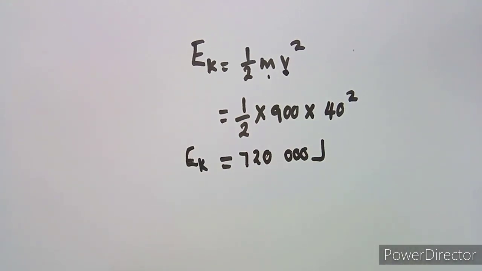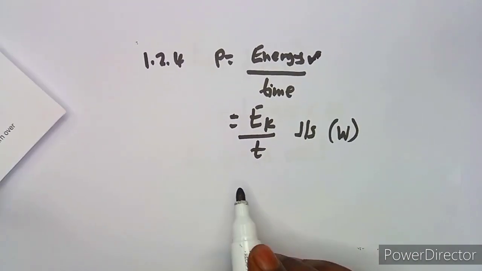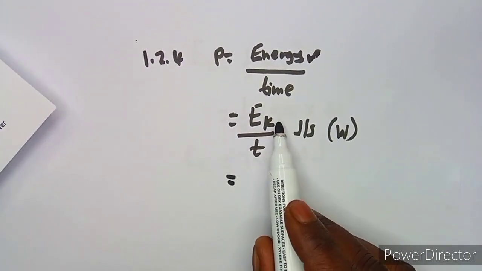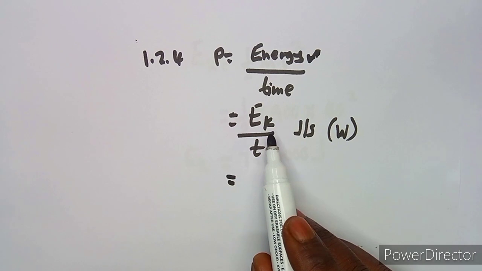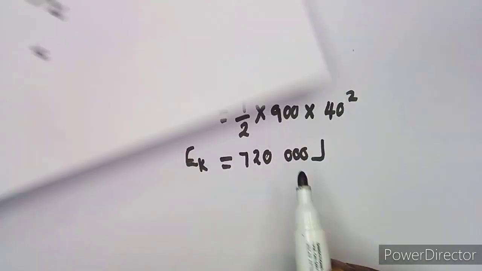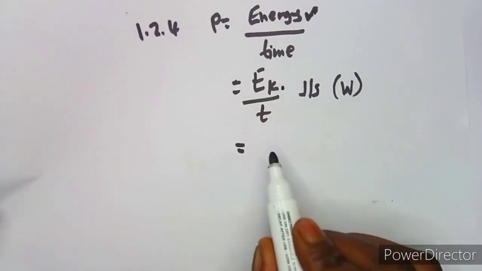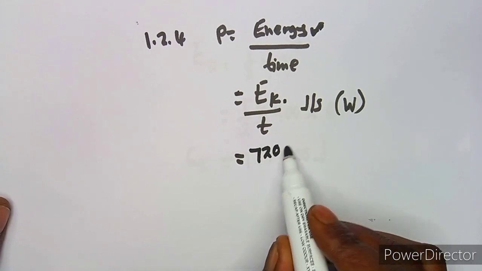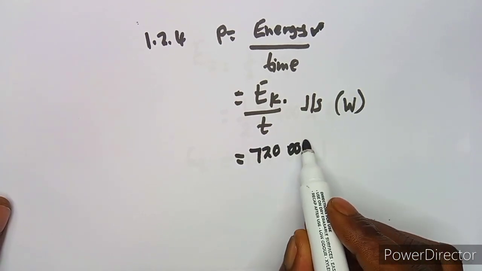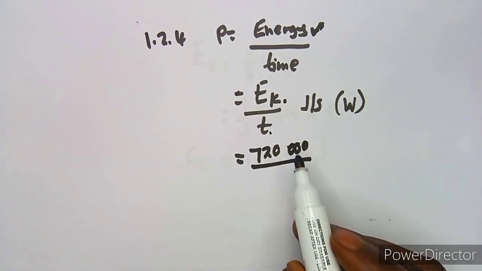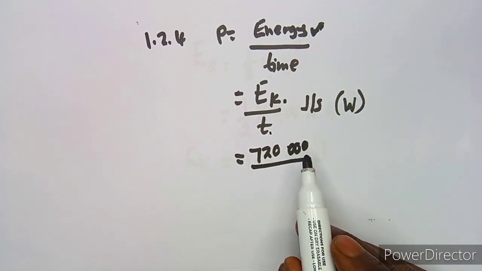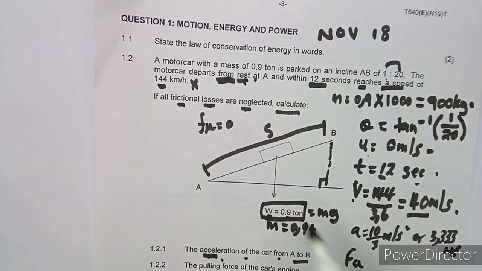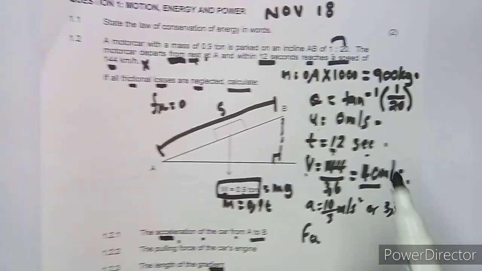So now I have this and I have got the time also. So definitely I'm just going to substitute here because what I needed was the kinetic energy. Now I have this kinetic energy, which is 720,000 joules over the time, the one that we are given from A to B. The time that was taken was 12 seconds.